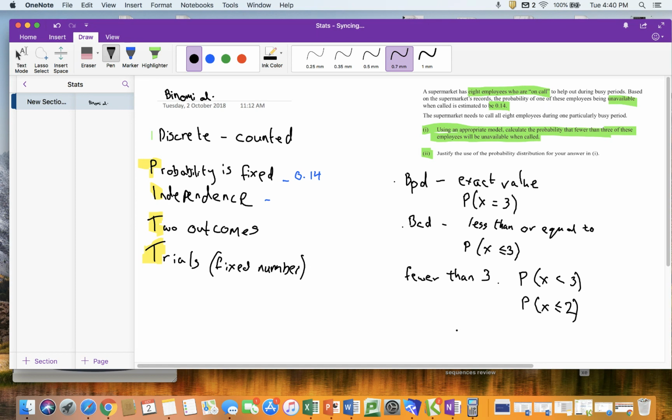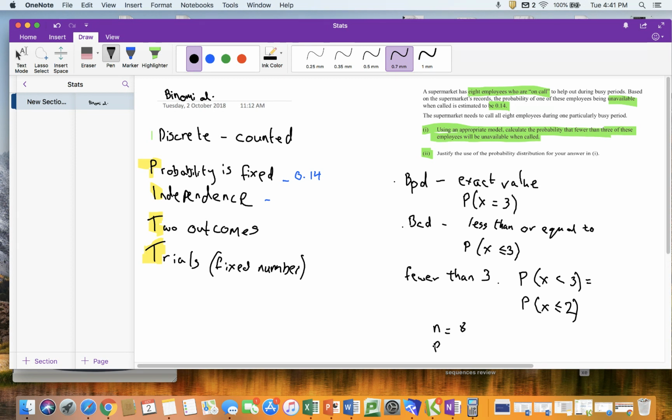So at this point, I need my calculator and I need to think about all my situations. So I'm going to write this down in a more mathematical sense, so that I've got all my information carefully sorted so that I can quickly work this out in a second. So my number of trials is n. So I know n is 8.